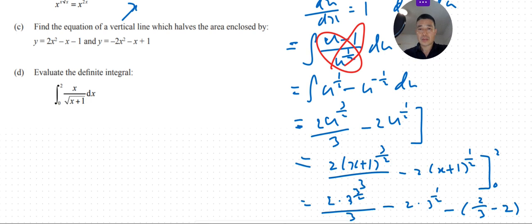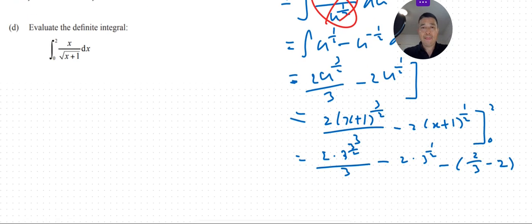If I calculate this, 2 times 3 to the power of 3 over 2 divided by 3, minus 2 times 3 to the power of half, minus bracket 2 thirds minus 2. 2 times 3 to the power of 3 over 2, right?